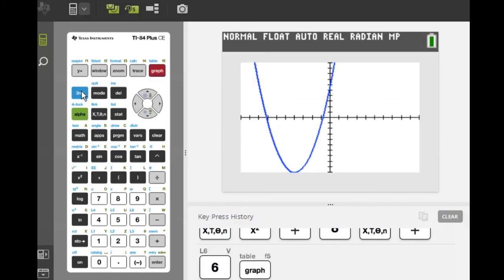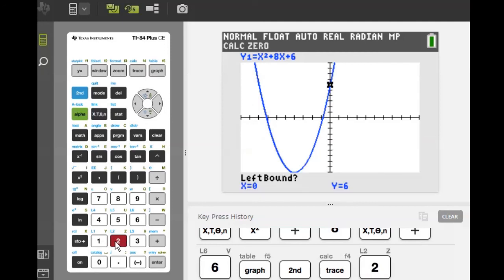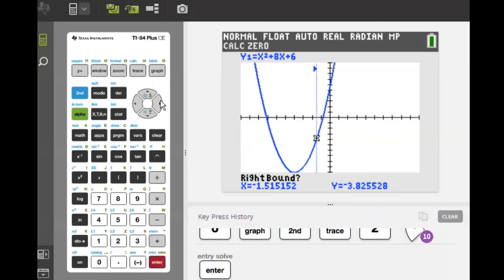I'm going to try to find the zeros, so I'm going to hit second trace, 2 to get the zero. The calculator is asking me for the left bound. I'm going to move my pointer to the left of the right zero, enter, and then I'm going to find the right side of the right zero, and then hit enter.